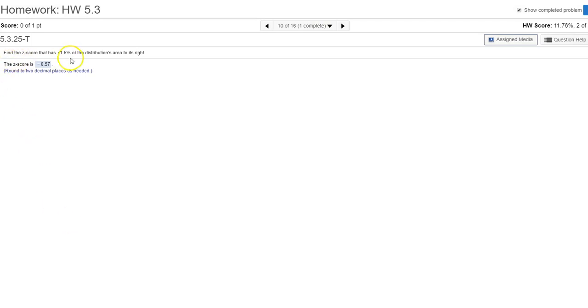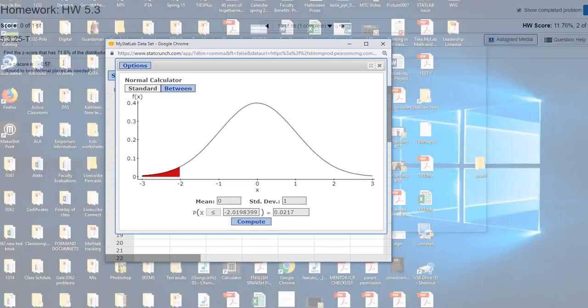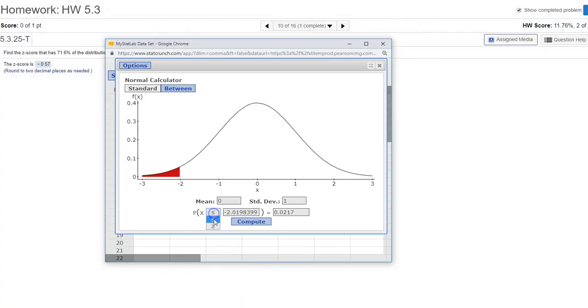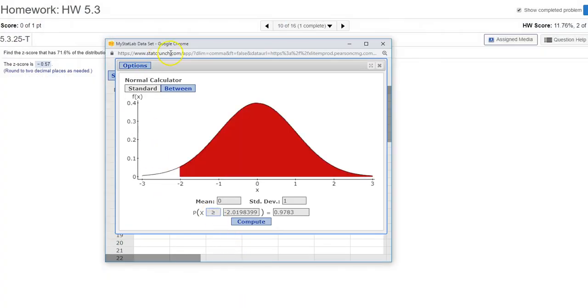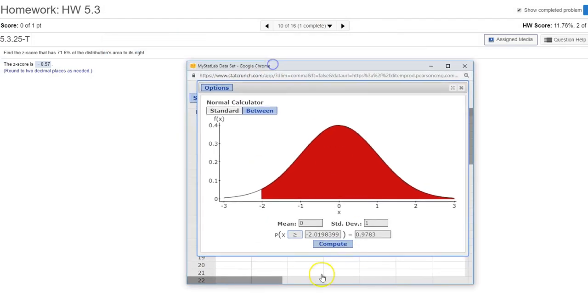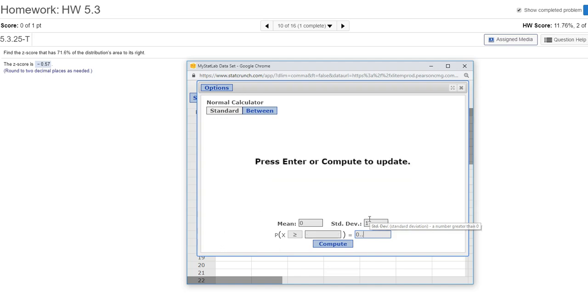It is just asking you to find the z-score that has 71.6% of the distribution area to the right. Simply open my calculator. Area to the right, okay, and I have area to the right hand side, 0.716.